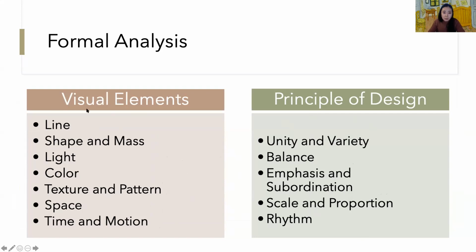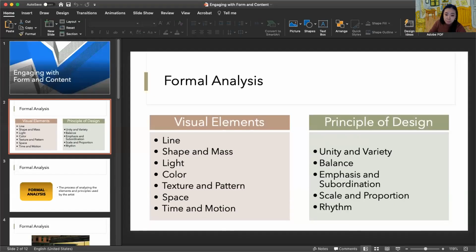The visual elements include line, shape and mass, light, color, texture and pattern, space, and time and motion. And the principles of design include unity and variety, balance, emphasis and subordination, scale and proportion, rhythm, and pattern. We learned lots of details in these 2 chapters, right? You're going to apply it when you analyze a work of art.